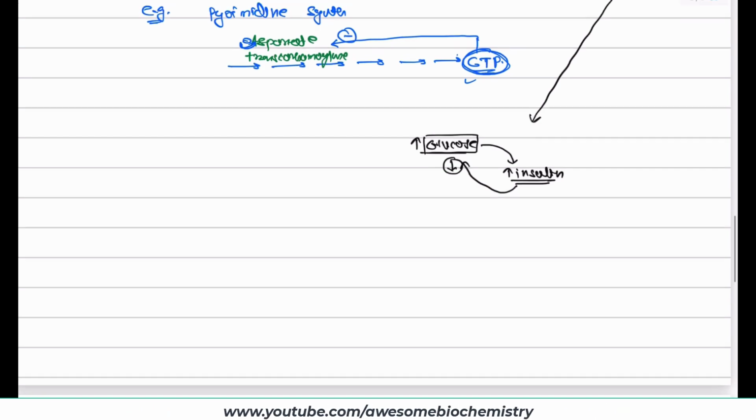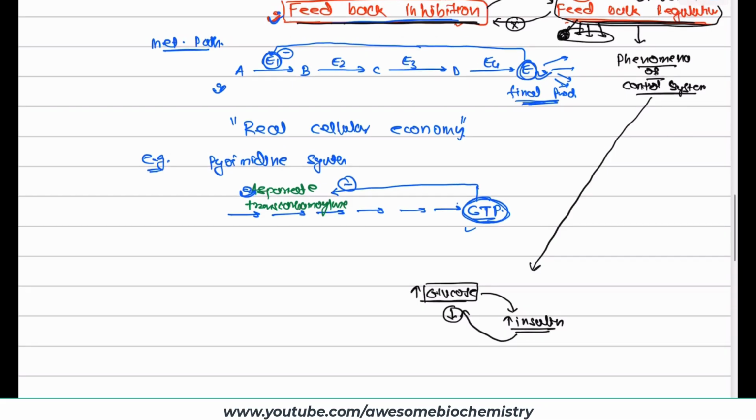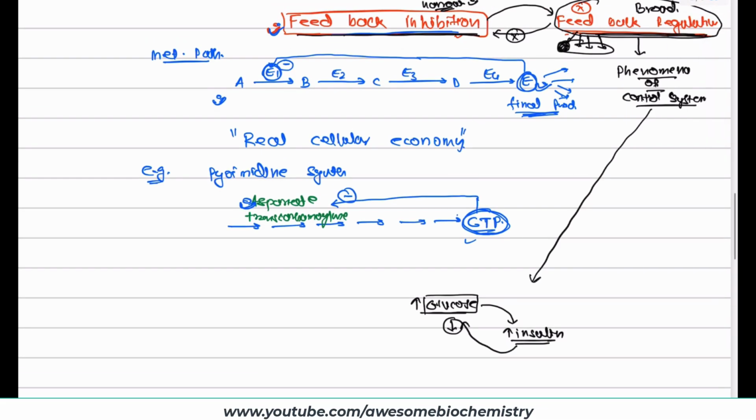This entire mechanism is called feedback regulation. But such feedback regulation is called feedback inhibition only when the final product inhibits, and that too allosterically inhibits, an earlier step enzyme. Then that particular type of feedback regulation is called feedback inhibition.